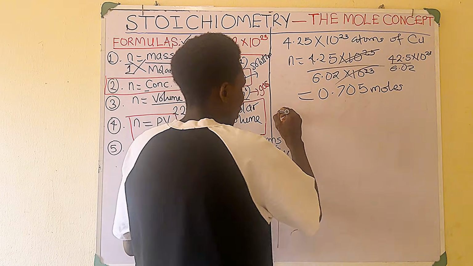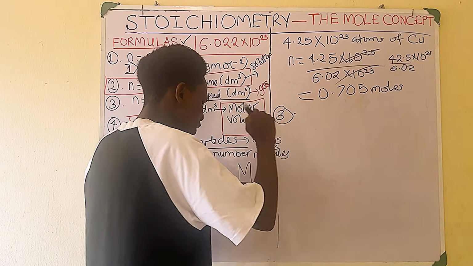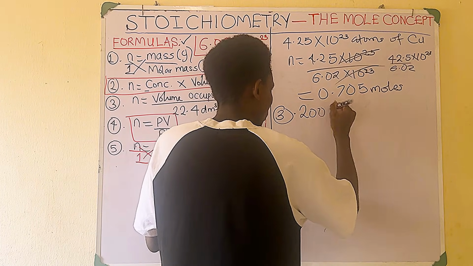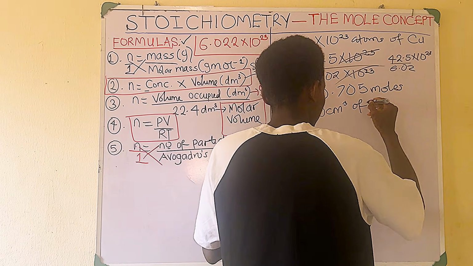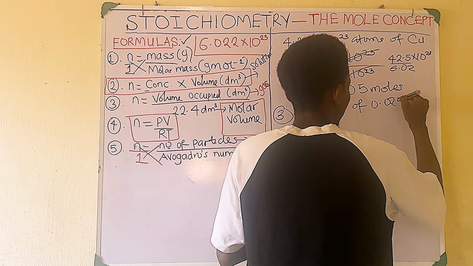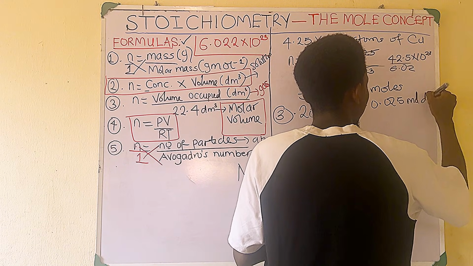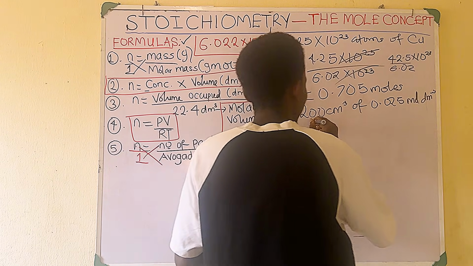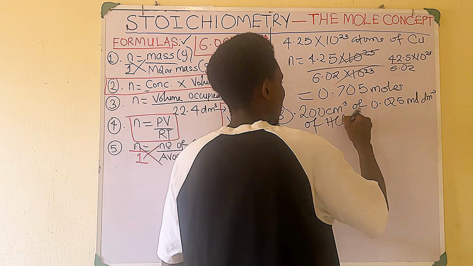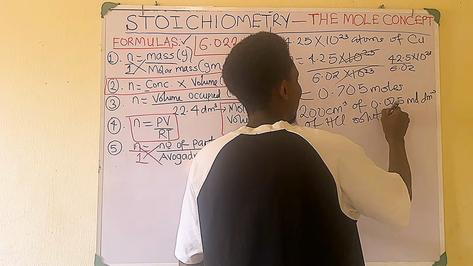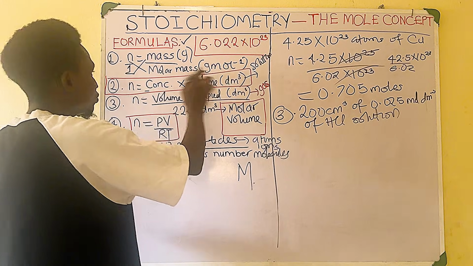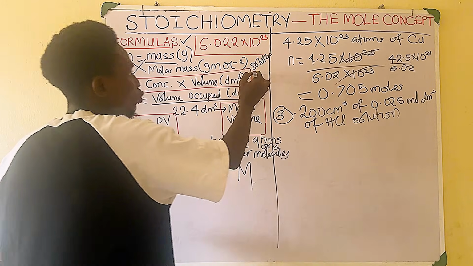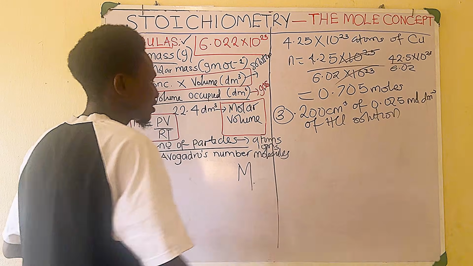It says 200 cm cube of 0.025 mole per dm cube HCl solution. If you look at the formula I gave you, there's one that is specifically for solutions. This one is for solutions, this one is for gases.